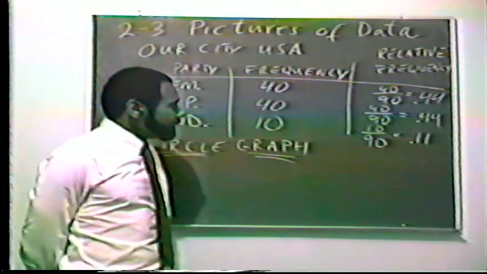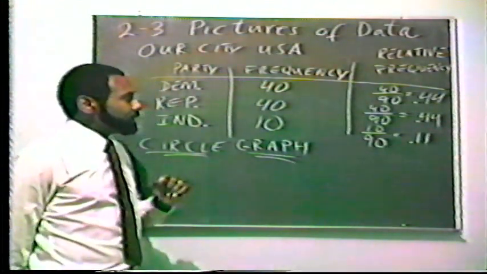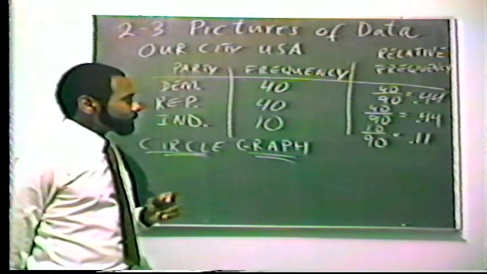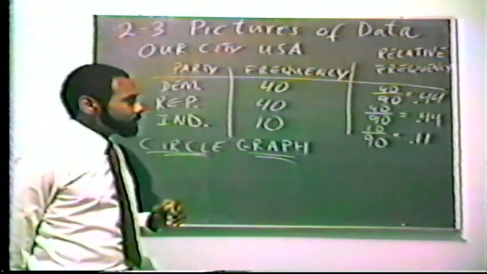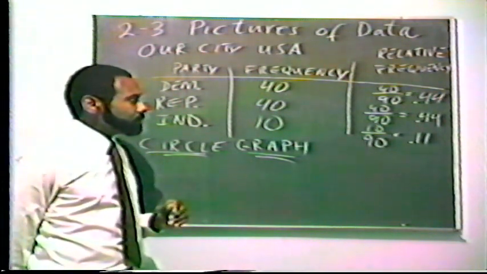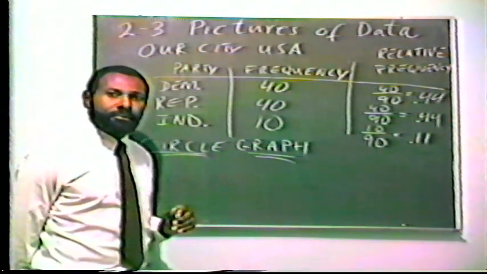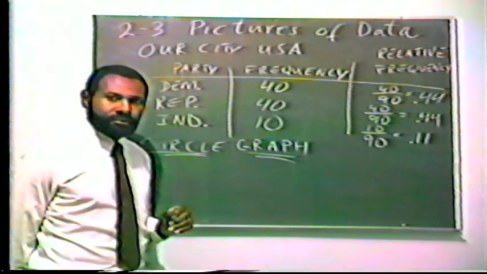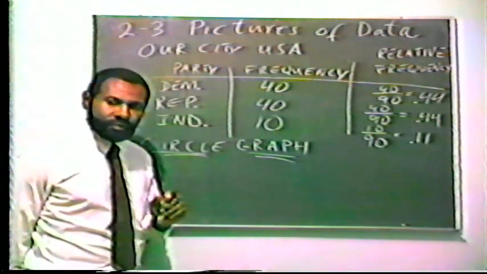Now, the next step in constructing a circle graph is to take each one of those relative frequencies and multiply each one by 360 degrees. Remember that there are 360 degrees in a circle.